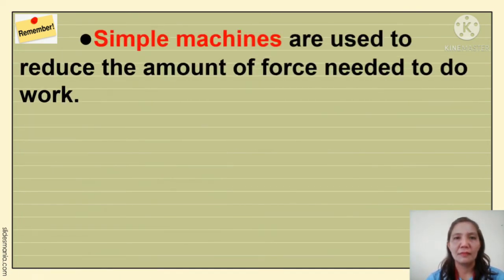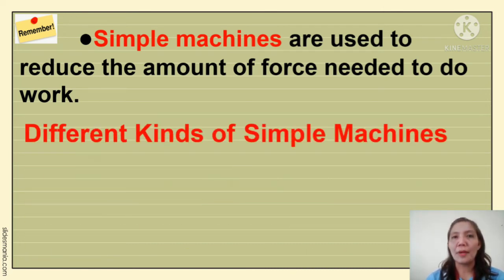Let's have a recap on what we have discussed today. Remember, simple machines are used to reduce the amount of force needed to do work. Remember also the different kinds of simple machines.